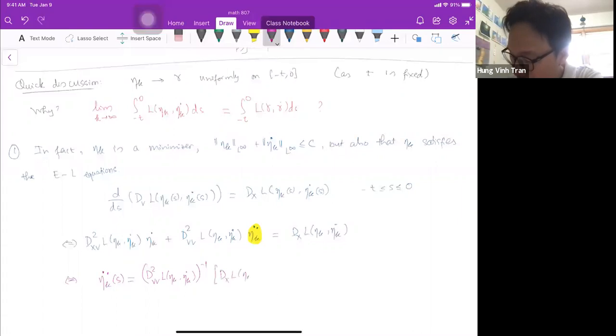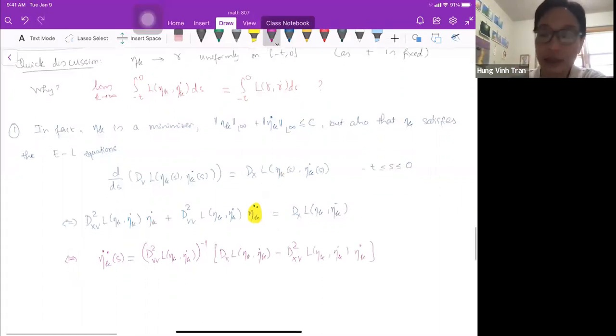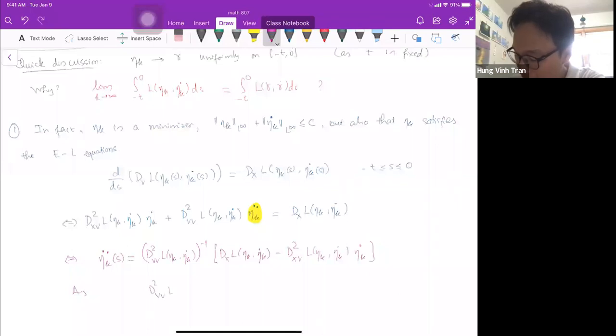Times d_x L at eta k, eta k dot, minus d squared xv L at eta k, eta k dot times eta k dot. Okay, and you see now that d squared vv L inverse is bounded between two constants, c and 1 over c, and then d_x L and d squared xv L are bounded, right?